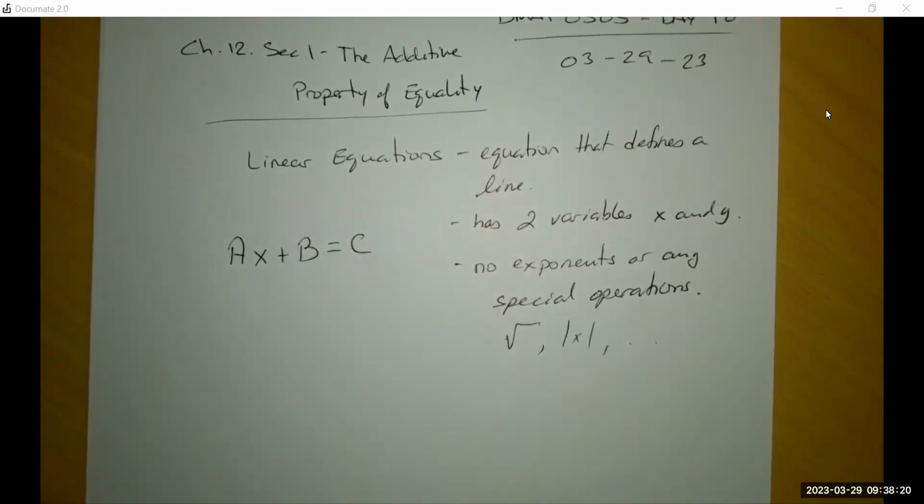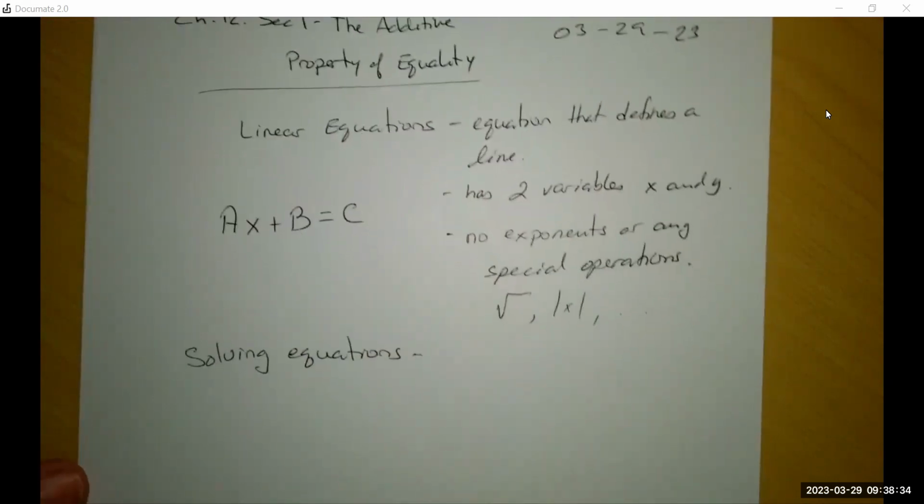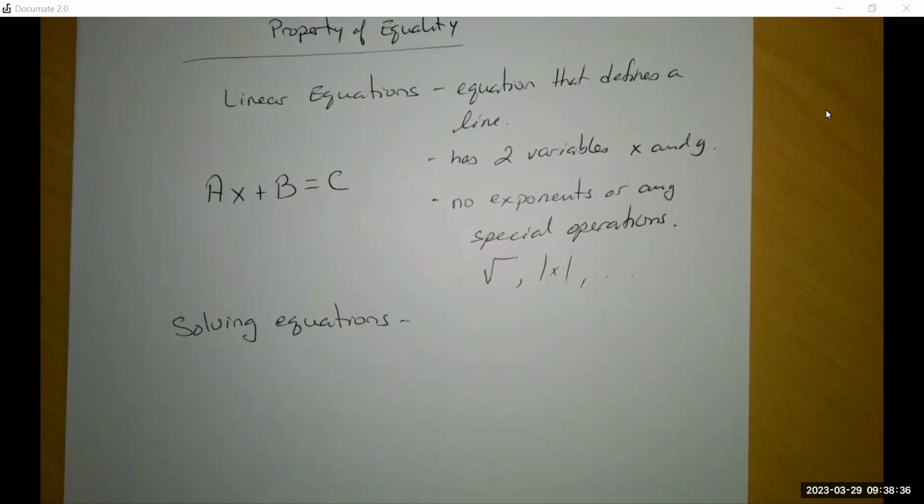So in this chapter, we're going to start learning how to solve equations. When we say solve, what does that mean?